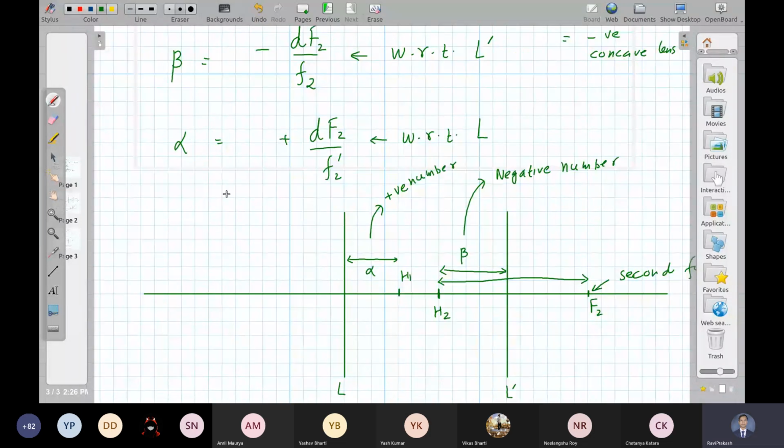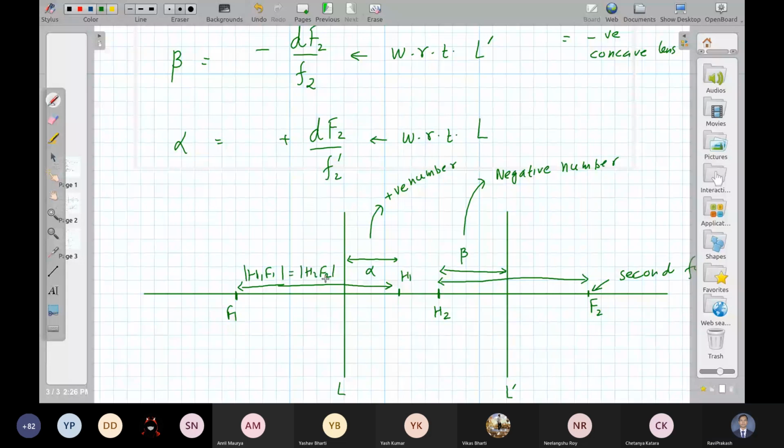H1 से मेजर कीजिए. It is a negative number here. So go f1 distance in this side. Let us say we reach here. This distance, which is H1 F1, is precisely same in magnitude as H2 F2.